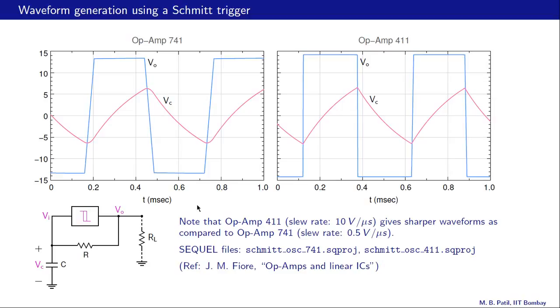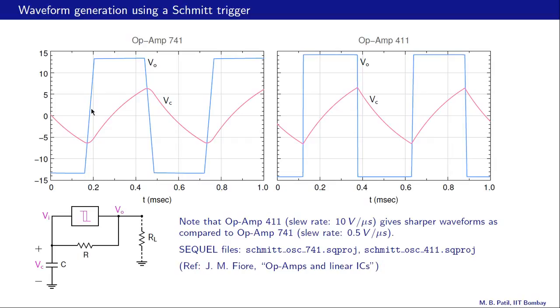If you hook up this circuit in the lab, you will realize that it cannot be pushed to arbitrarily high frequencies, and that is because op-amps have a finite slew rate. For example, op-amp 741 has a slew rate of 0.5 volts per microsecond. This is the waveform obtained with op-amp 741, and as we can see, it is not as sharp as we would expect theoretically.